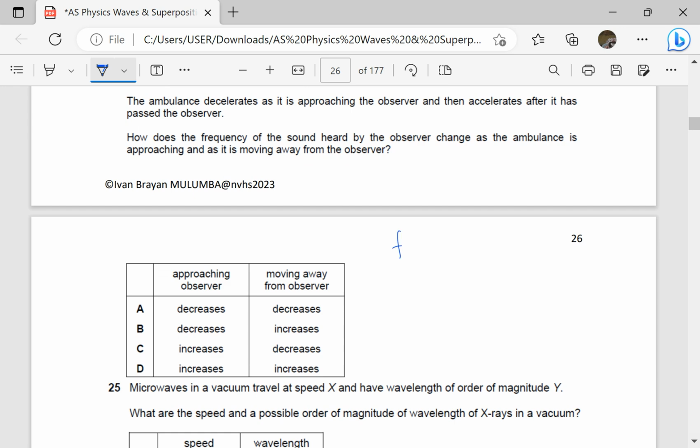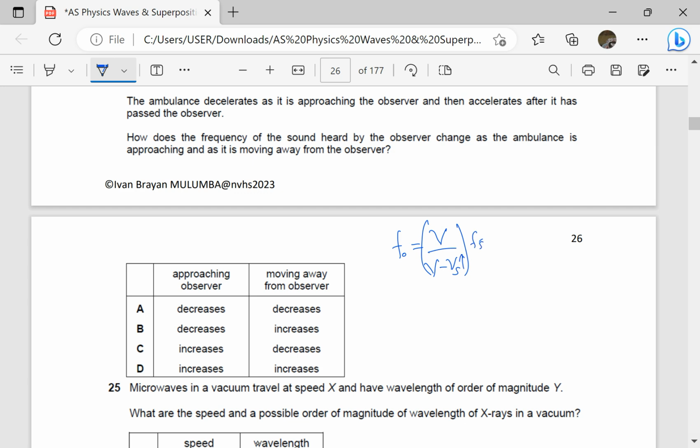So for the frequency, if it is approaching, F naught is going to be V over V minus V of the source, times Fs.